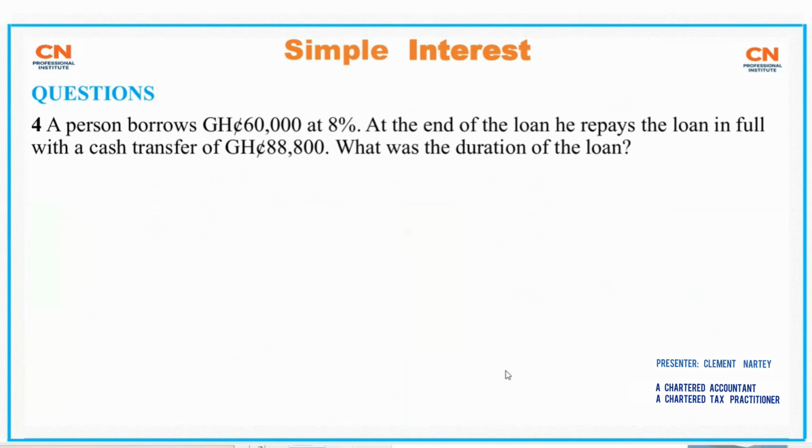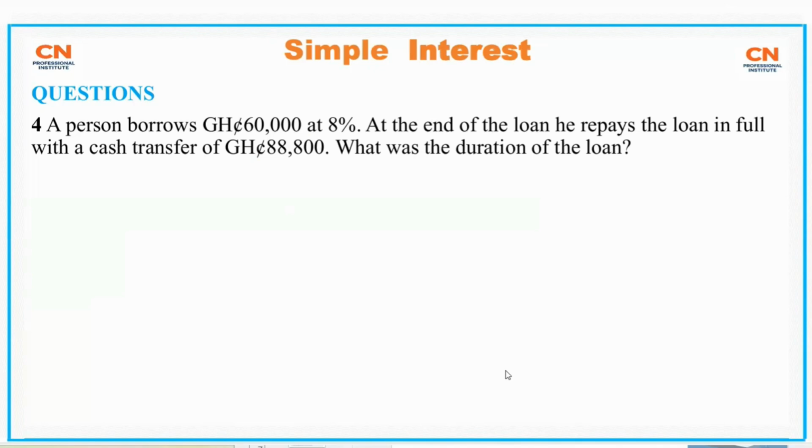At the end of the loan, he repays the loan in full with a cash transfer of 88,800 Ghana cedis. What was the duration of the loan?